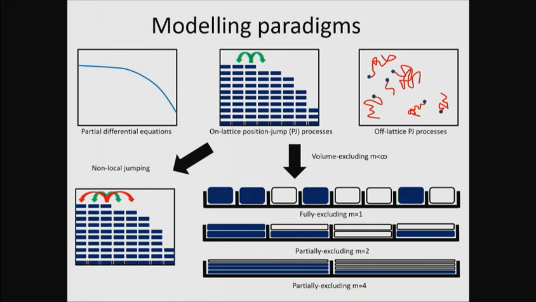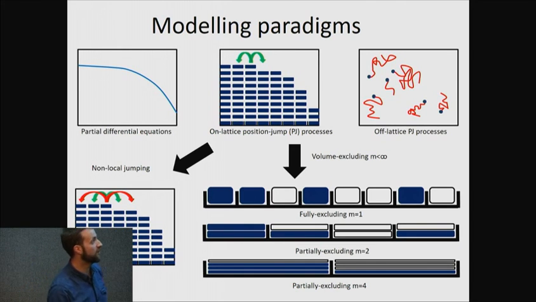So I make it twice as big, so M is 2 here, and I can say that 2 particles can sit in each box rather than just 1. So this is called a partially excluding paradigm. Or I make it 4 times as big and I say 4 particles can sit in each one of these voxels. And again, I can speed things up because these guys are jumping much further than their fully volume excluding counterparts. Okay, so these are the sorts of models I'm going to be looking at.